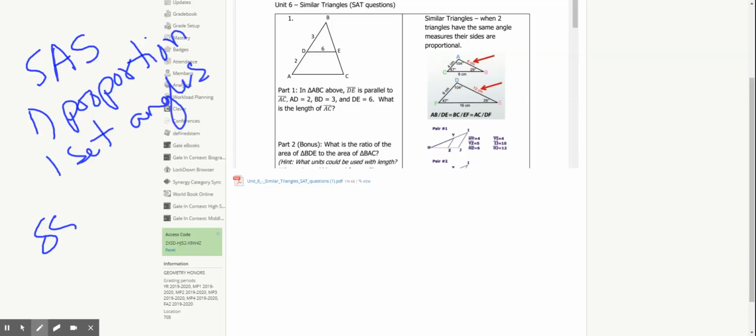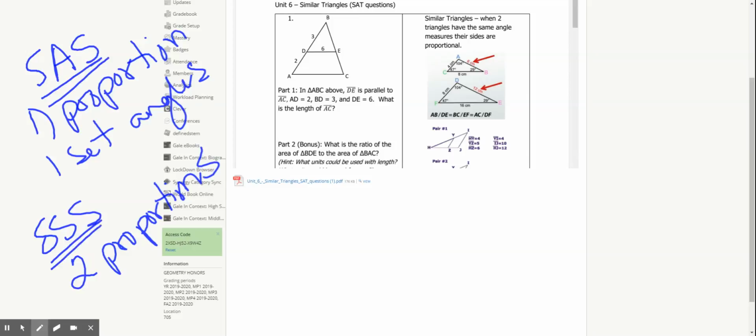Or we can do side, side, side, where we need two proportions that work. So that's type 1, side, angle, side. Type 2, side, side, side. And then type 3 is angle, angle, where we need two sets of congruent angles.